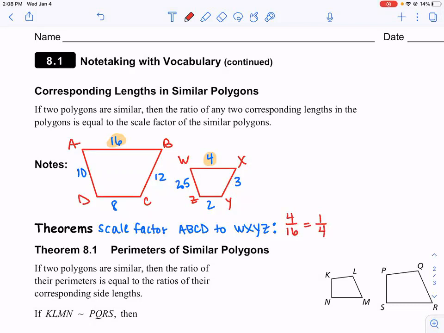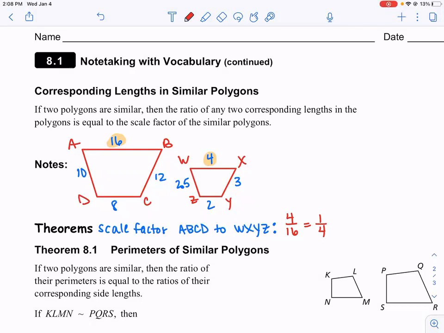So Cohen, if I want to go from ABCD to WXYZ, from this guy to this guy, it's getting smaller. So we actually have to set up our fraction in the reverse order.